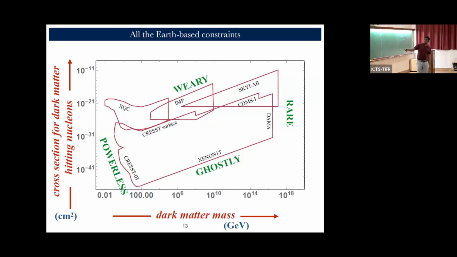Okay. Now up here, unfortunately, I won't talk about that much, but it's one of my favorite directions. The reason why you're limited in this direction is that if the dark matter cross section is too large for hitting on nuclei, then the dark matter might scatter so many times in the earth or in the shielding of the detector before it gets to the actual meat of the detector, the fiducial volume of the detector, that the dark matter might just get slowed down by the time it gets to your detector.